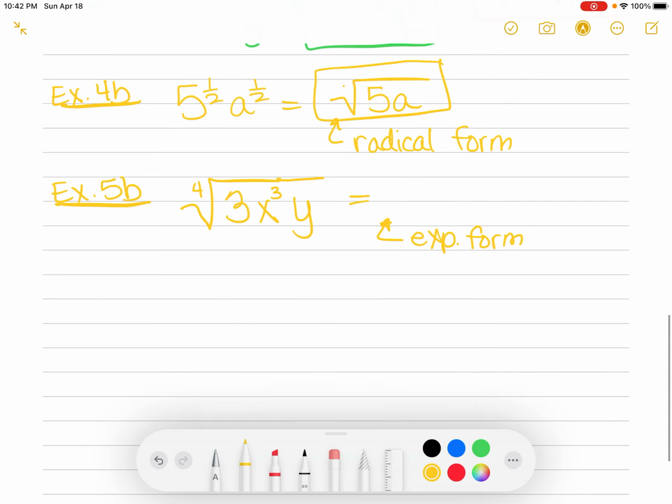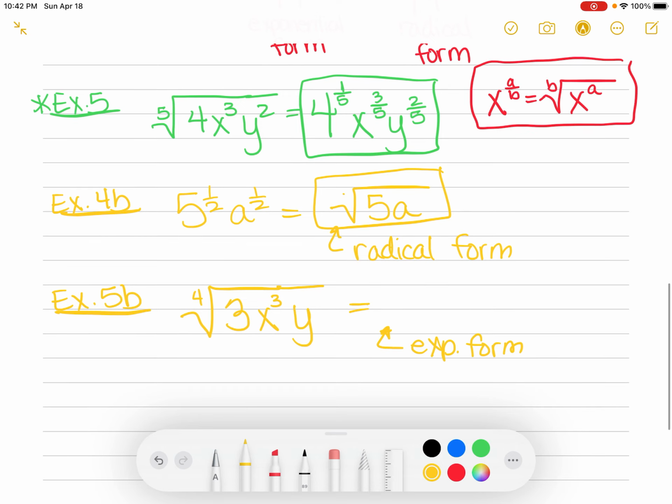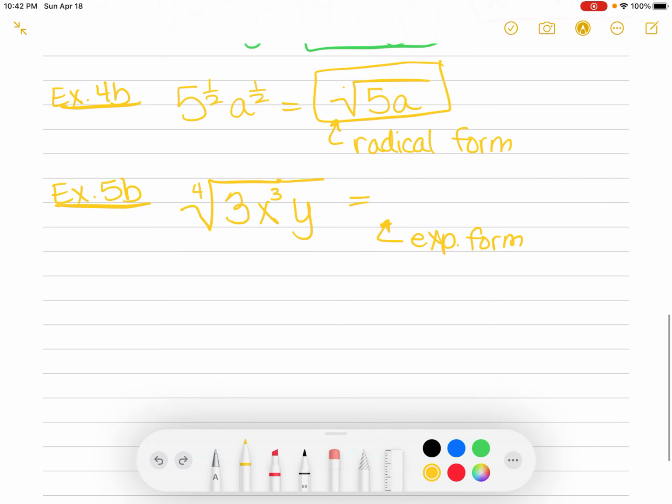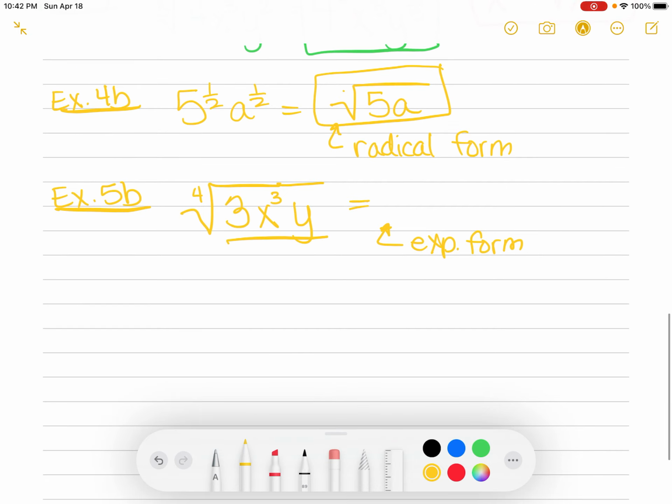So now for 5b, we're going to do the same thing we did right here in green, and that is write them with fractions. So I'm going to go ahead and write all these: 3, x and y, and just leave a little bit of space. Now I need to figure out what the exponents are on all of these. So for 3, I don't have a top number, because this does not have a number here, so I'm going to put a 1.